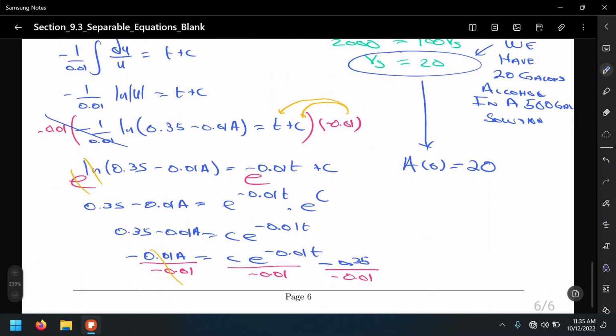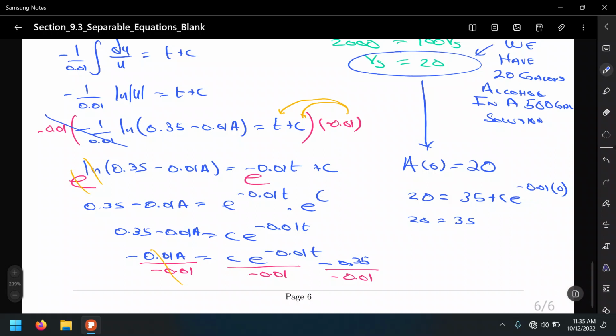So in other words, 20 equals 35 plus C e to the negative 0.01 t, which in this case is 0. So that's 20 equals 35 plus C times e to the negative 0.01 times 0.